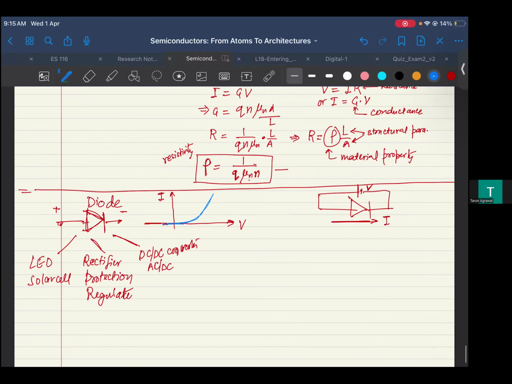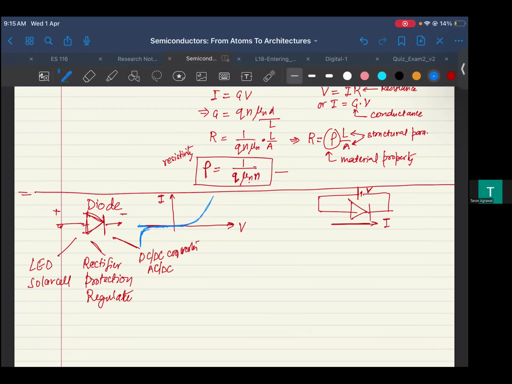And then here it maintains nearly zero current, until if I go much further in reverse bias, to a much more negative voltage, I see a characteristic like this. So this typically happens at much larger voltages, depending on your diode.